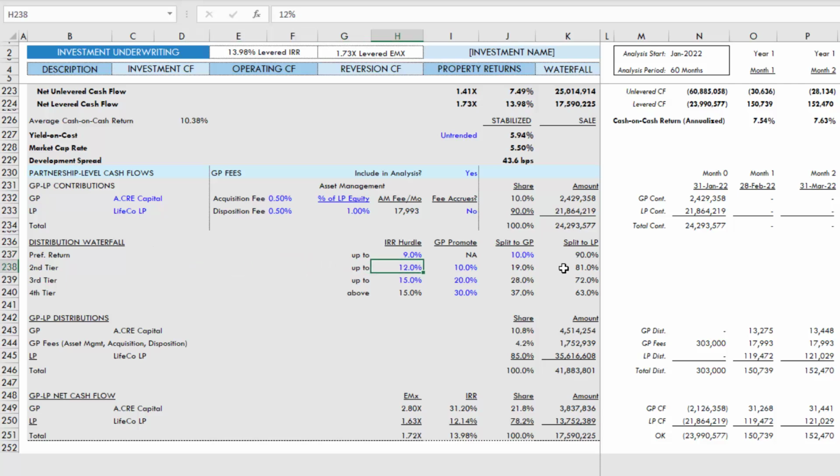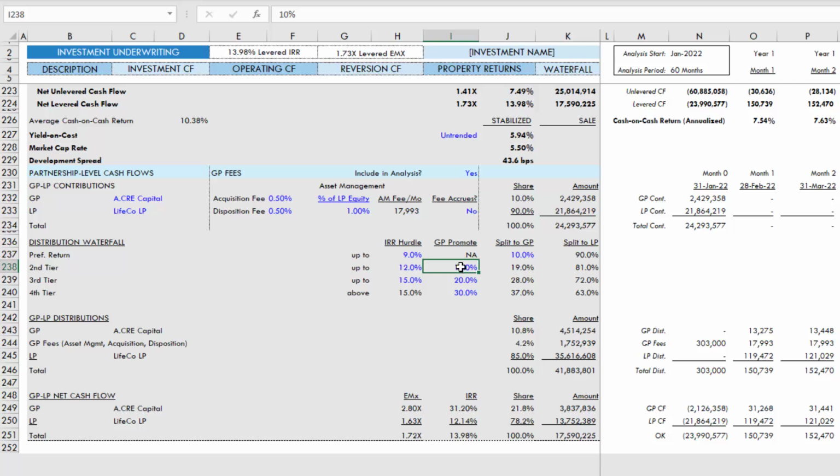The second tier then is when a promote is paid to the GP. So from a 9 up to a 12% IRR, the GP is paid a promote, and the partnership is the entity that is promoted, okay? Or in other words, the partnership pays the GP some promote.